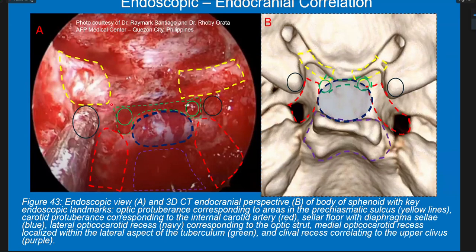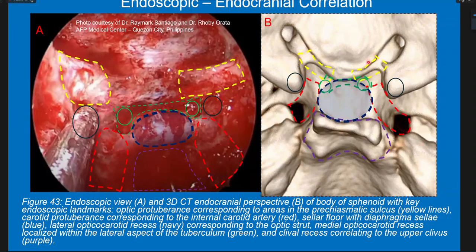What's important, these are the cardinal landmarks, the carotid, the optic protuberance. You have the pituitary, and you have the medial and the lateral opticocarotid recess.